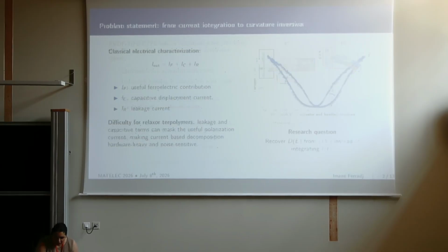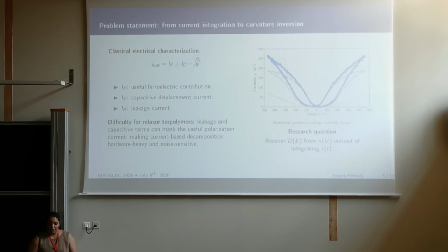devices. And so, as you can see, this is a classical way of characterizing the measured currents to extract the polarization loop. In the total measured currents, we have 3 components. We have the ferroelectric current, which is what we want to extract. And we have the 2 other currents, which are the capacitive current and resistive leakage currents.